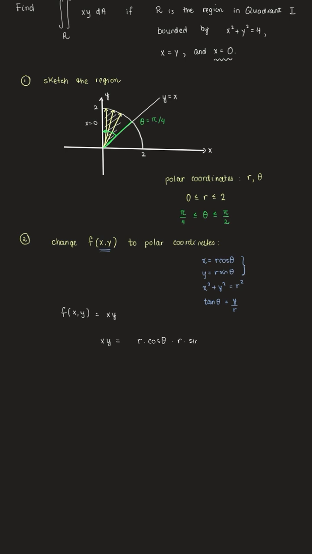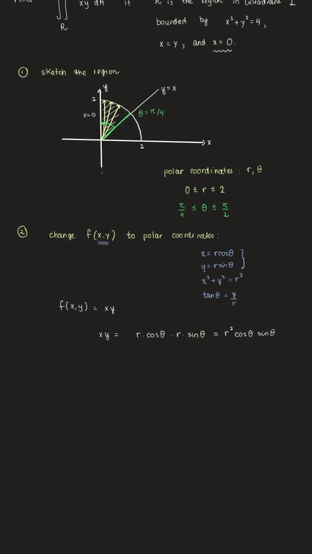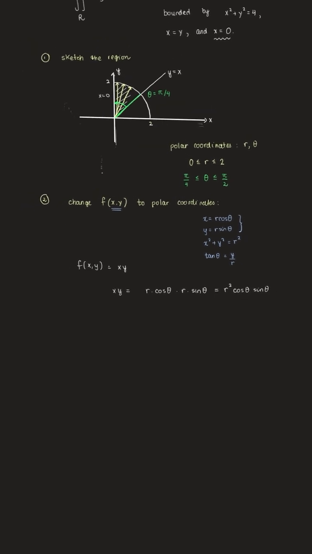We're multiplying everything here, so that's going to give us r squared cosine theta sine theta. All right, so we've sketched the region, figured out our bounds for r and theta, and changed our function to polar coordinates. Let's set up our integral, and let's make sure that we don't forget that we're going to have an area element of r dr d theta. So let's set up the integral.